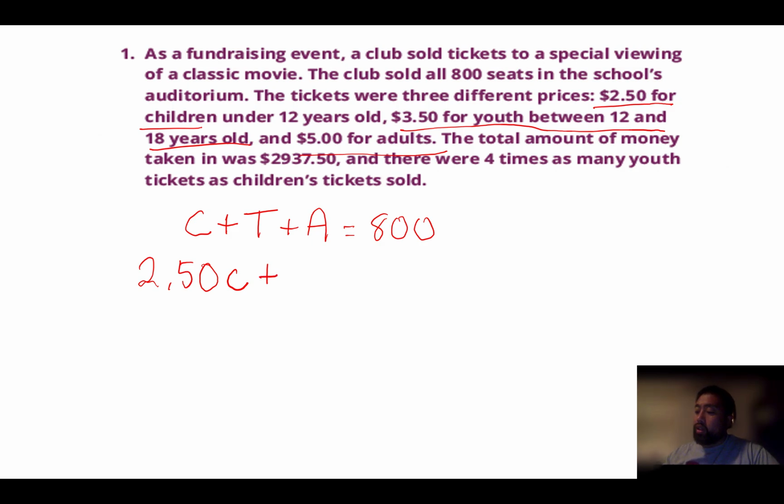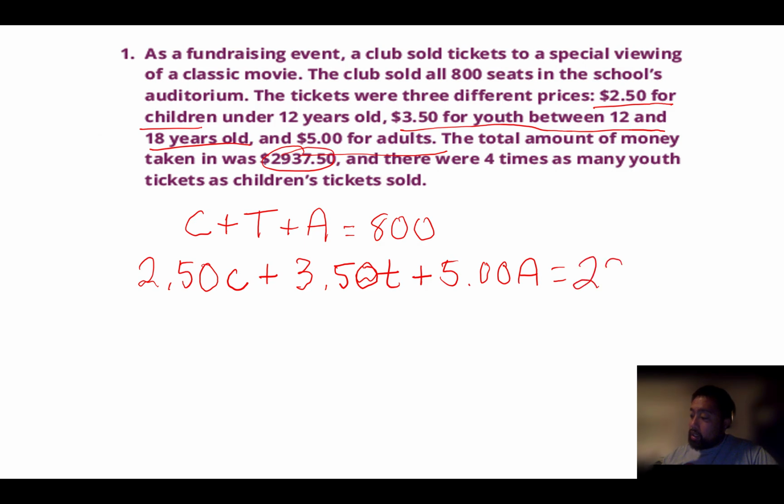The teens was $3.50 per ticket, plus we got $5 per adult. And if we added all that together, how much would that give us? The total was right here, $2,937.50.